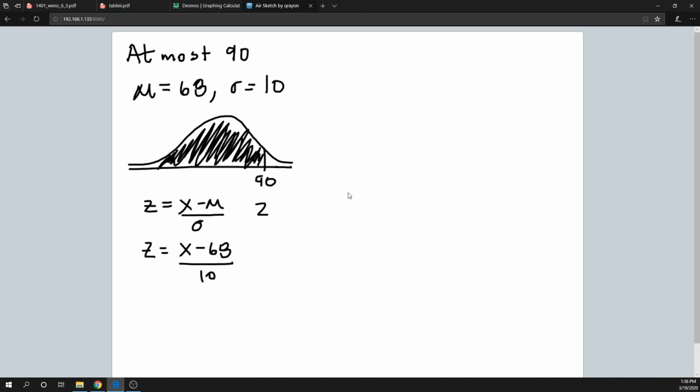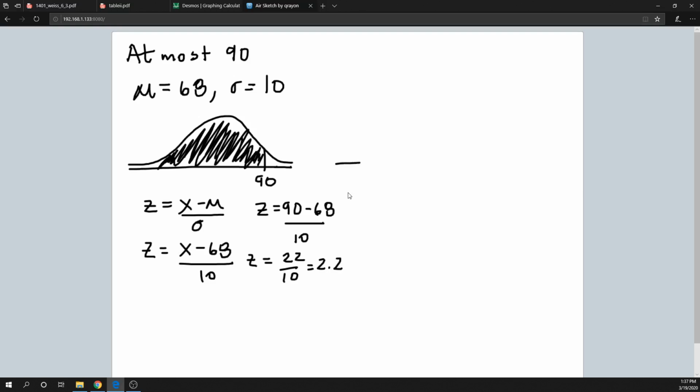And then we want the z-score for 90. So we get 90 minus 68, so that would be 22 over 10, which is 2.2. So that would be the z-score for 90 for this problem.